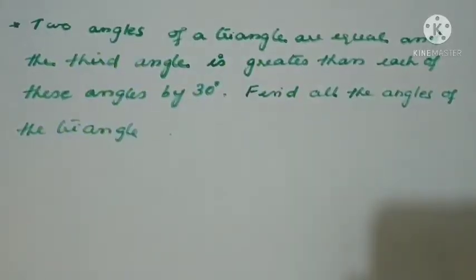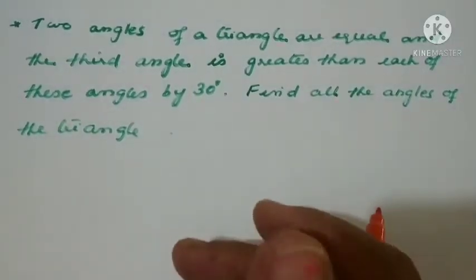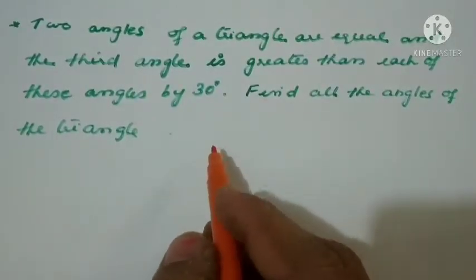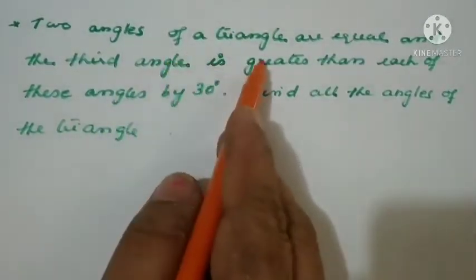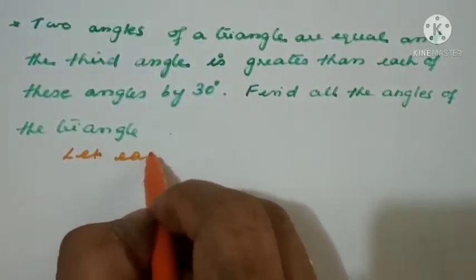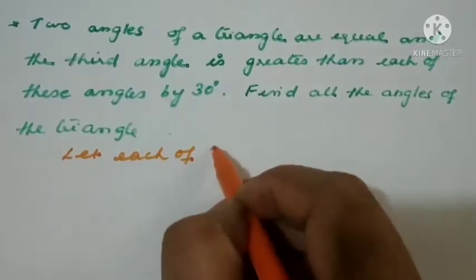Two angles of a triangle are equal and the third angle is greater than each of these angles by 30 degrees. Find all the angles of the triangle. So let each of the equal angles be x.